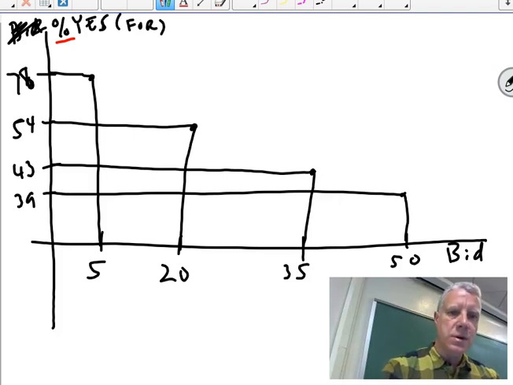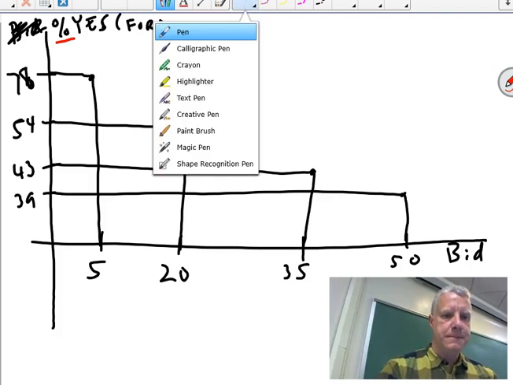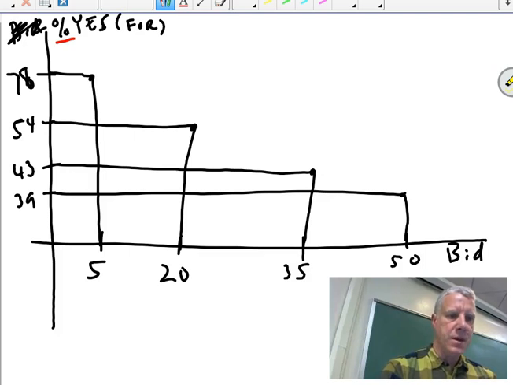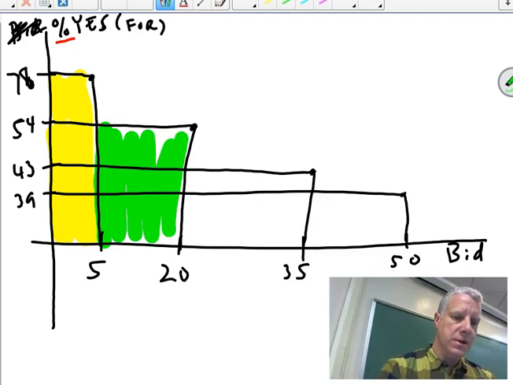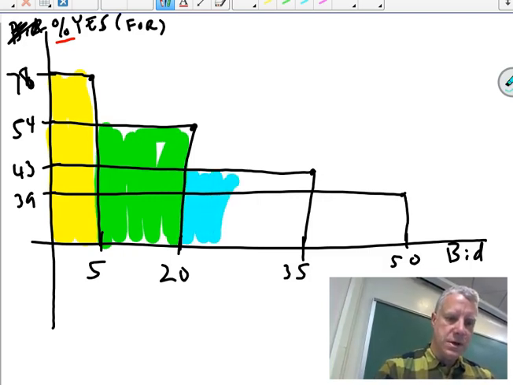So the Turnbull willingness to pay estimator is the area underneath these rectangles. So we are going to calculate the area of these different rectangles that I'm shading in right now with these nice colors.